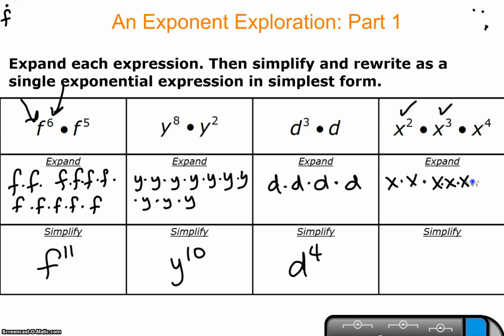That took care of that one. Times 1, 2, 3, 4. So now you can combine 1, 2, 3, 4, 5, 6, 7, 8, 9. X to the 9th. Make sure you press pause if you didn't write it as fast as I did, and make sure you have it copied down.